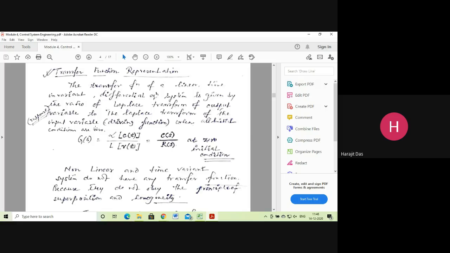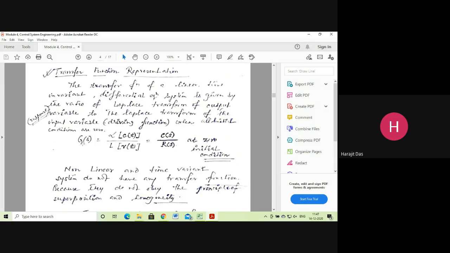These input variables are the driving functions, like when you give some input temperature to a refrigerator or an air conditioner, that is a driving signal. This is the ratio of the output signal to the input signal when all the initial conditions are 0. Then only will we call it a transfer function.